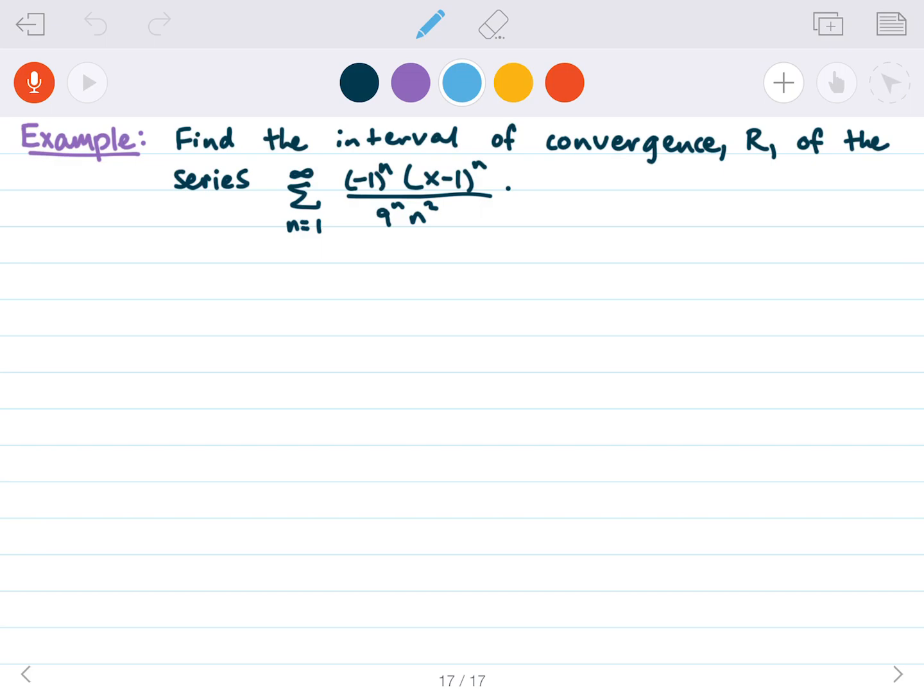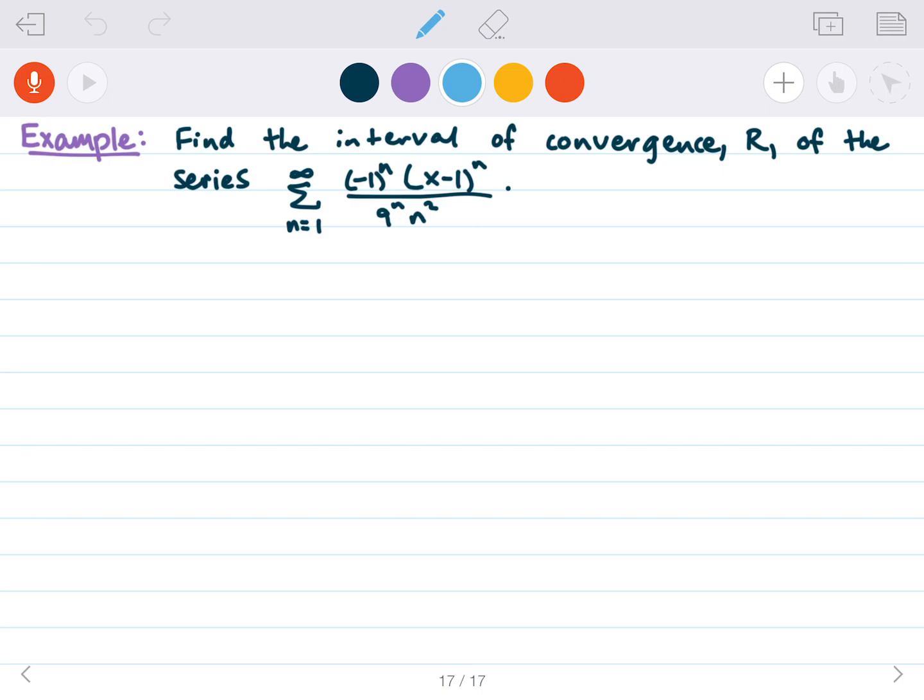Whenever you're looking for the interval and it's not just 0 or negative infinity to positive infinity, you want to check the endpoints of your interval, because those endpoints occur when the limit using the ratio test equals 1. And remember that tells us you can't conclude anything there. So you have to kind of work around that. Let me show you what I mean.